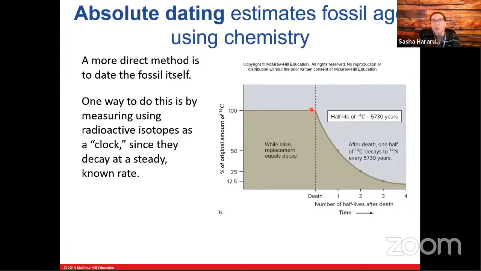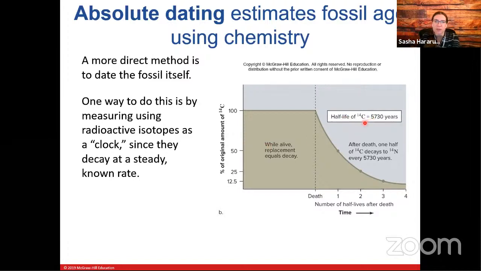This property, this decay, allows us to identify the age of something. If we analyze the C14 content of some object, we can identify how long ago this formerly living organism died.